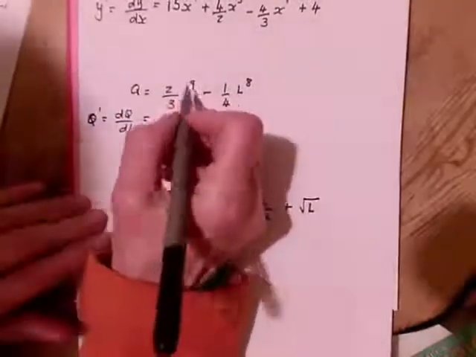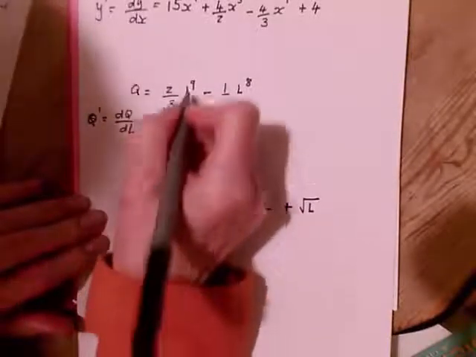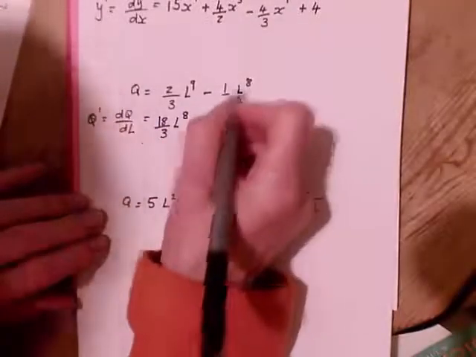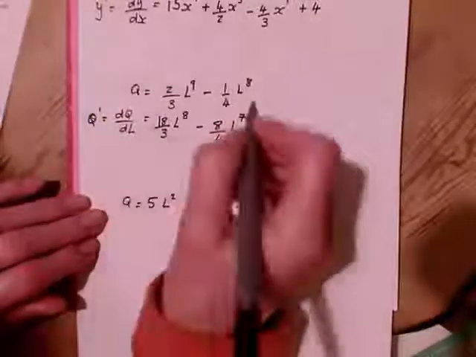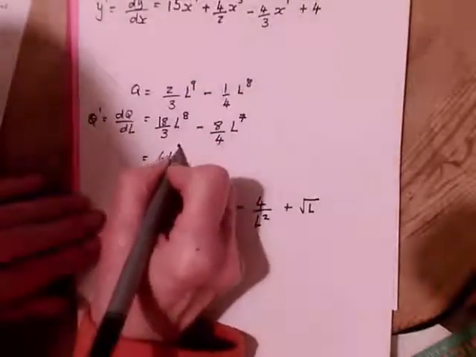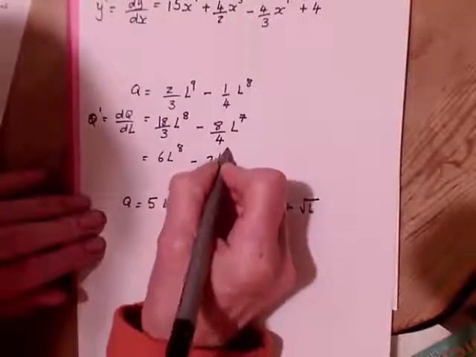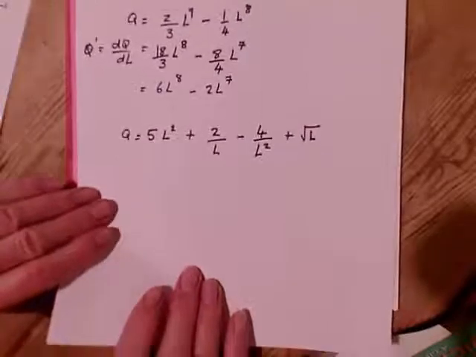So now we're going to multiply 9 by 2/3, we're going to get 18 over 3 L to the power of 8, dropping that power by 1. Now we're going to get 8 over a quarter, L to the power of 7. Now we can simplify that, because 18 over 3 is 6, L to the 8, minus 8 over 4 is 2L to the 7.